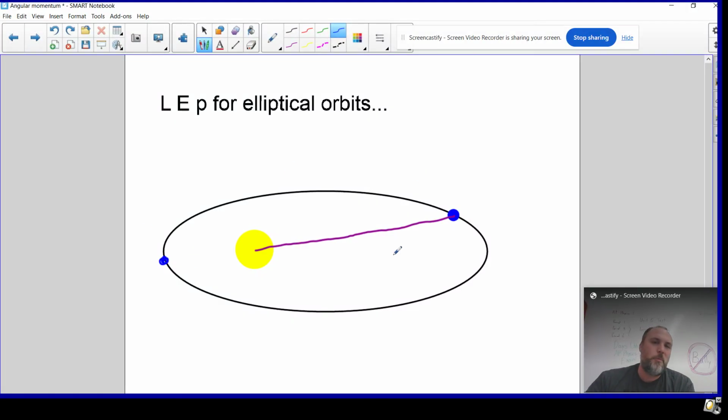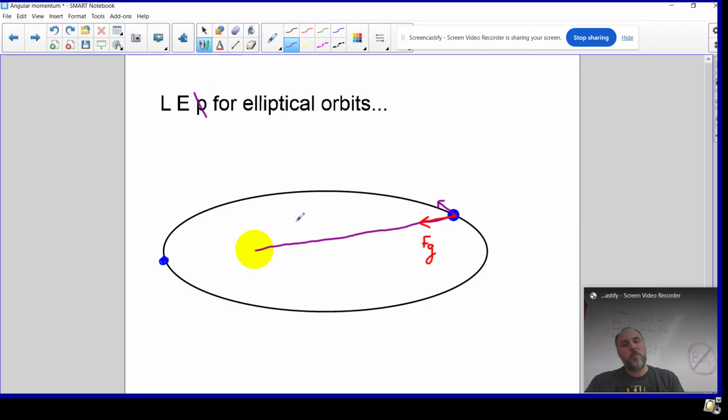So I'd like to go through my LEP, my angular momentum, energy, and linear momentum for an object in an elliptical orbit, or really any orbit around some other big mass. The only force is the force of gravity, and the force of gravity is the net force on that object. So the one thing I'll point out is the momentum of that object is in the direction that it's traveling, and the net force on the object is not zero, so linear momentum is not going to be conserved.